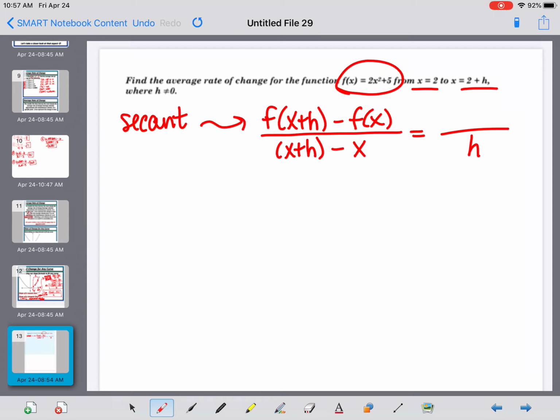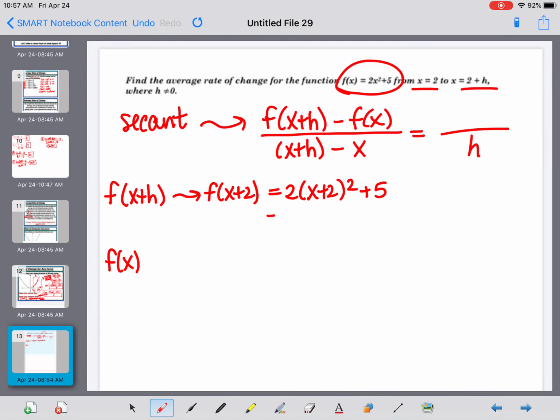Okay, so the first thing that I need to do is evaluate, just like I did a couple examples ago, f of x plus h, and I have to see, well, what is f of x? So f of x plus h is going to be x plus 2. So anywhere in my function that I have an x, I'm going to replace it with an x plus 2.